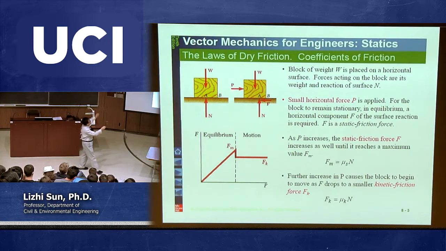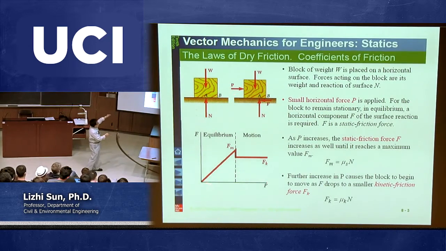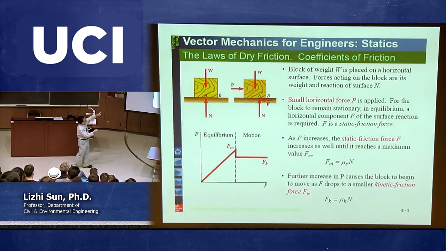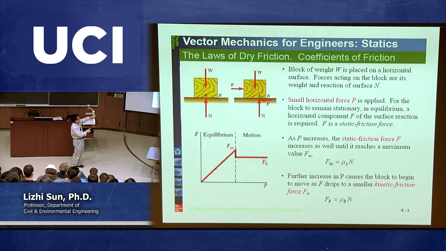So now, typically, when you keep increasing the P, then the friction will increase. In the static scenario, the friction would increase until it reaches the maximum. Then this one starts to move. Once this block starts to move to the right, then this is called kinetic, right?